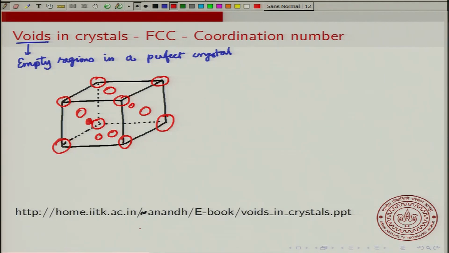Now there are these regions. There are two kinds of voids, and I will show one of them in this light green color.